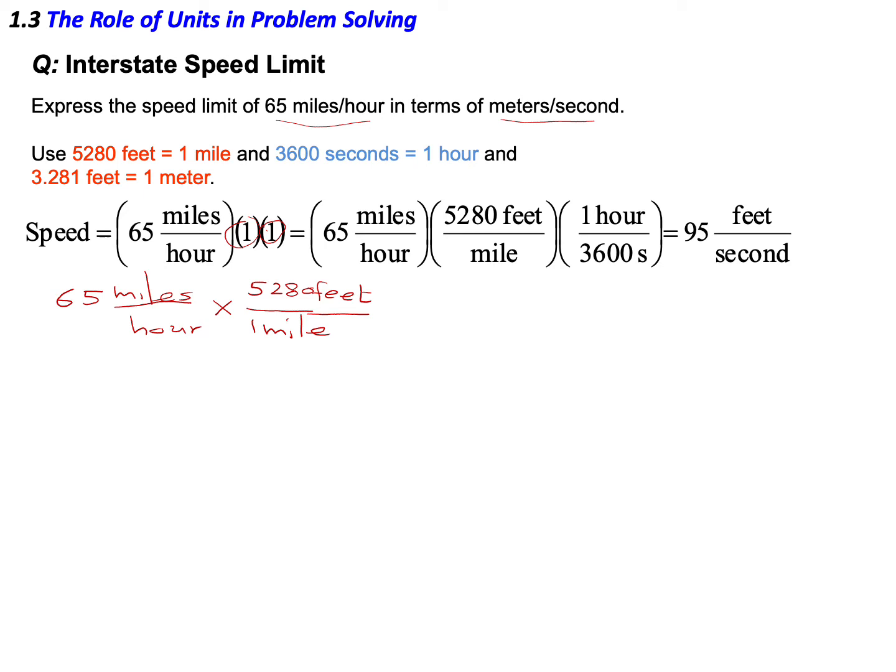Now we have another problem. Now we can cancel mile to mile, but now you are left with feet. So how are you going to convert feet to meters? Now you have a second conversion.